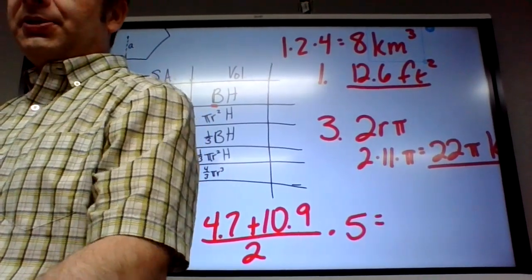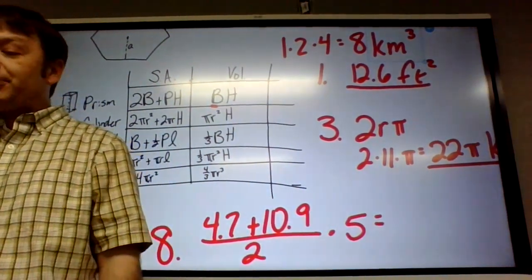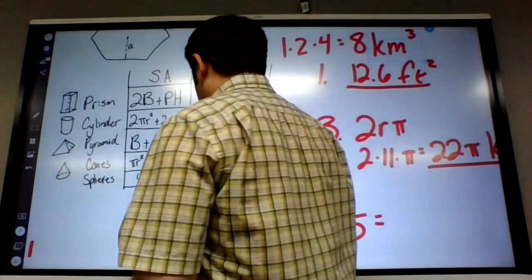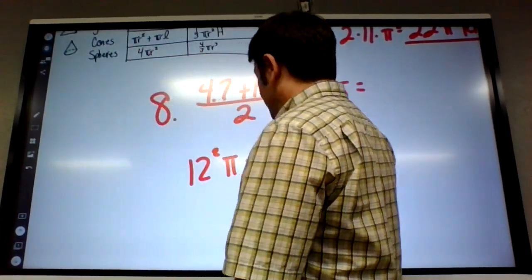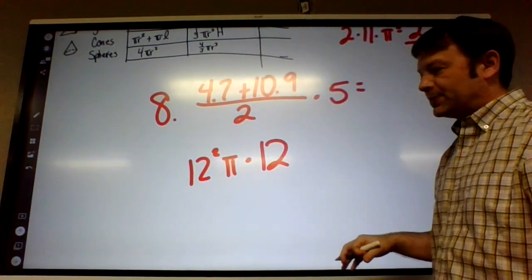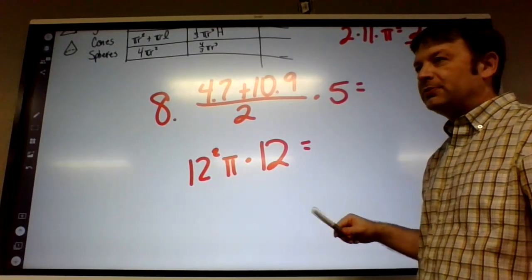Okay, 16. For a cylinder, they're kind of like prisms. You do the area of the base, which is pi r squared, times the height. So 12 squared pi for the base times 12 for the height. It's a lot of 12s. We're rounding to the hundredths place, like 2 decimal places.